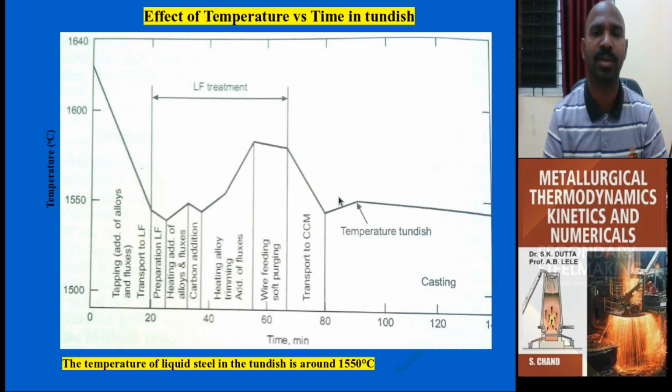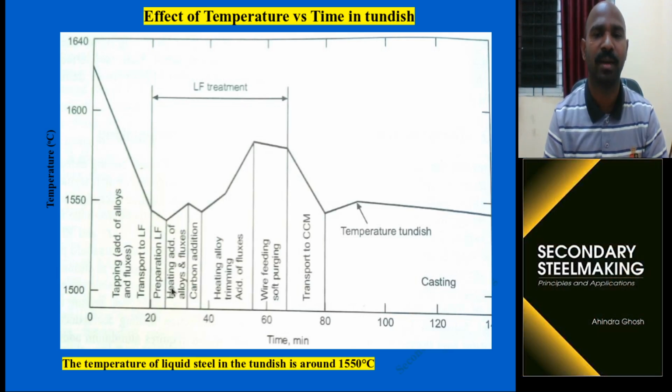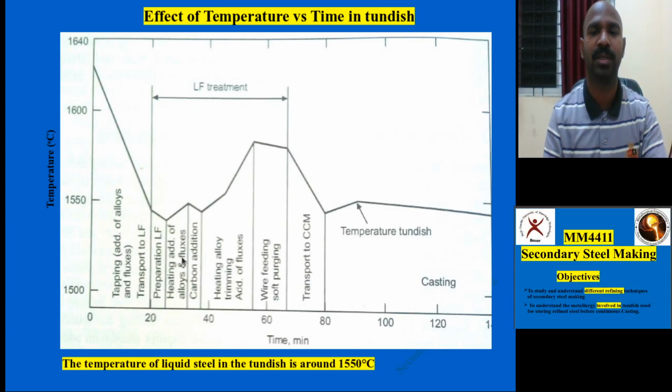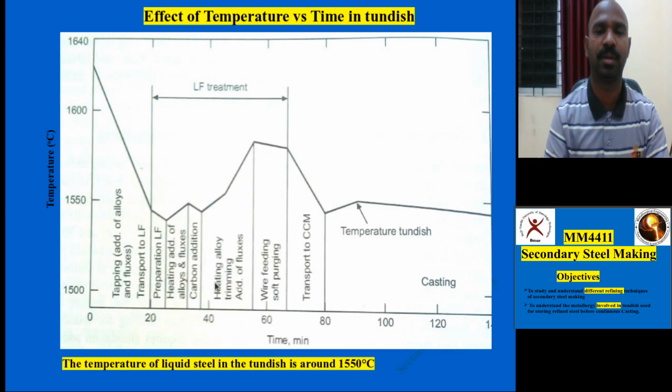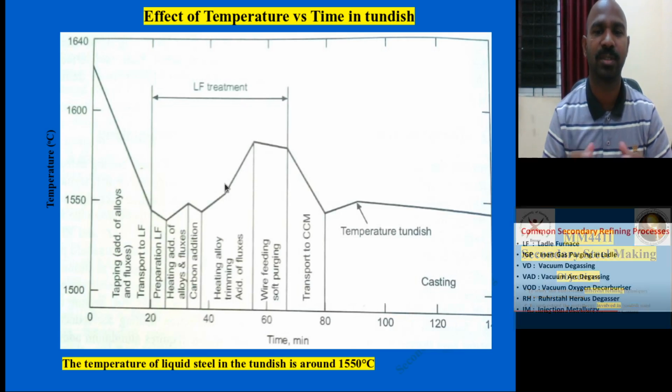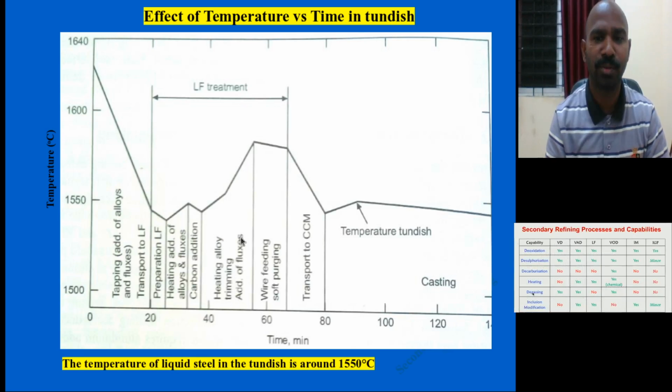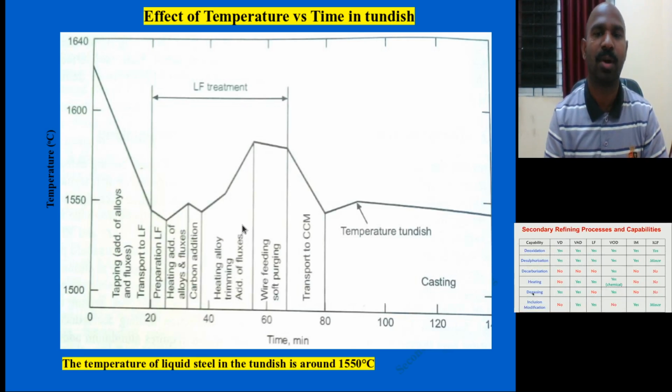By closing the sliding gate, you prepare for the temperature drop. You heat again, and you allow the alloys and fluxes to mix properly. You can do desulfurization and carbon addition. If you want to add carbon or other alloying additions, you can do it, and you can trim, control, and homogenize the composition.